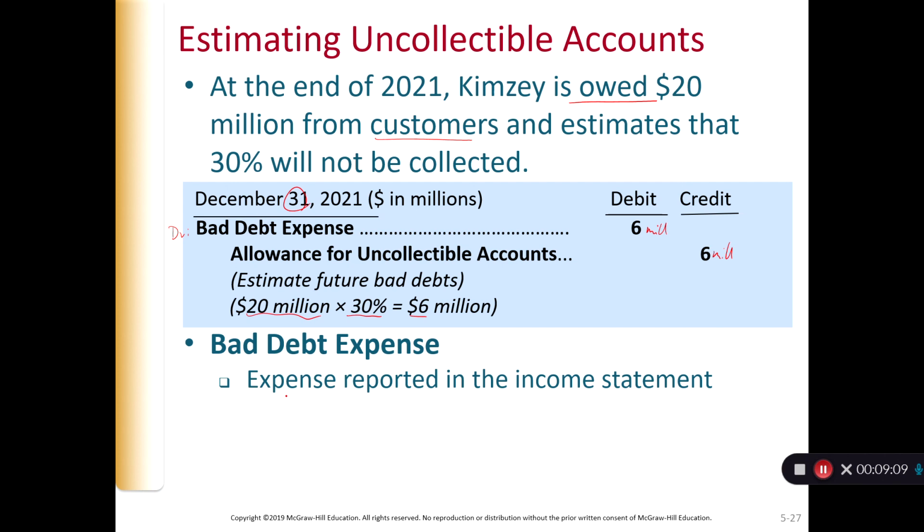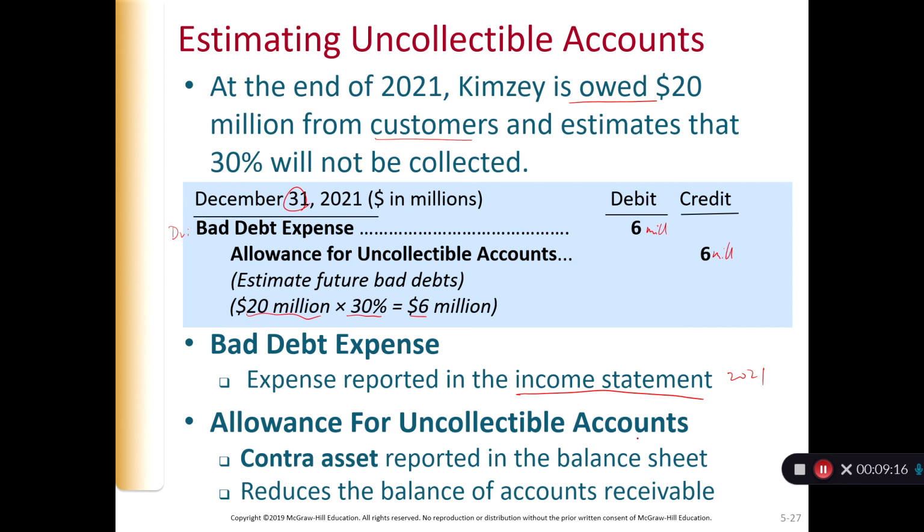Bad debt expense is reported in the income statement in 2021, and allowance for uncollectible accounts is the control asset reported in the balance sheet under accounts receivable. It reduces the balance of accounts receivable.